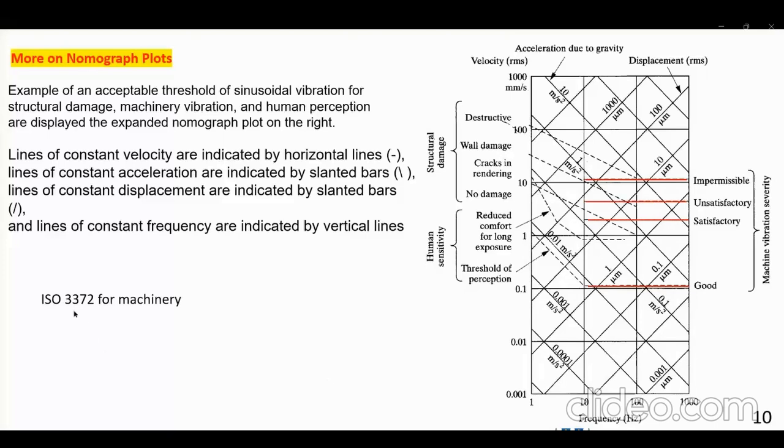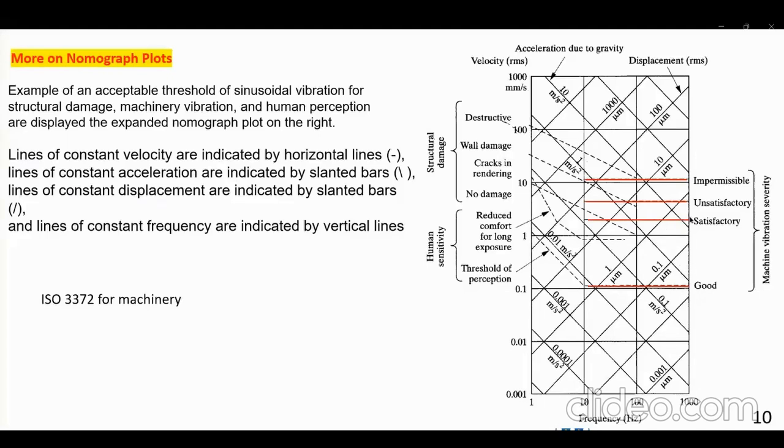Now, if you look at the ISO 2372 standard for machinery, it's over here. In other words, it says that the frequency range is between 10 and 1,000. And if your velocity is between this value and this value, basically you're in this range, you're dealing with a good characteristic of the vibration of the machine.